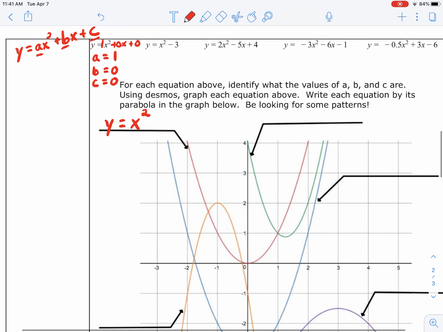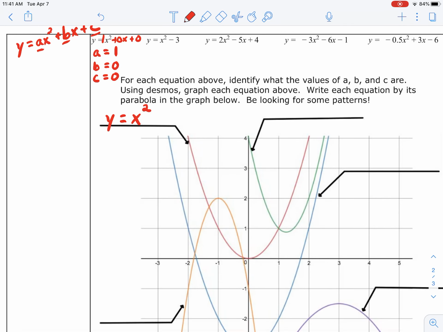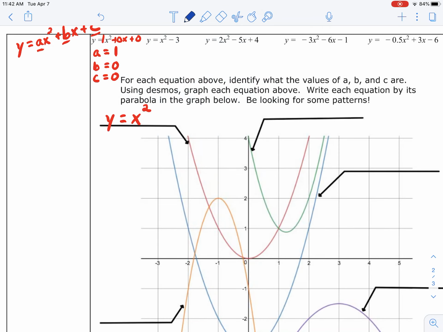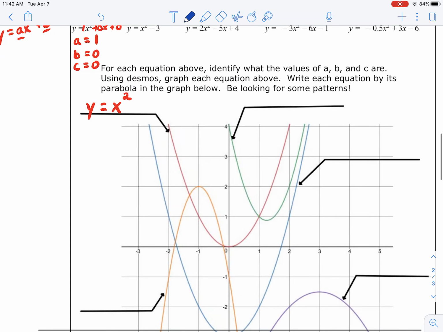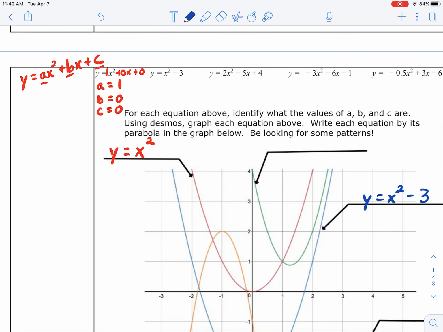All right. So then our second equation is y equals x squared minus 3. And what you hopefully noticed on that one is that it was our blue equation. So I'm going to switch over to blue here. That one turned out to be this one, y equals x squared minus 3, our blue parabola.